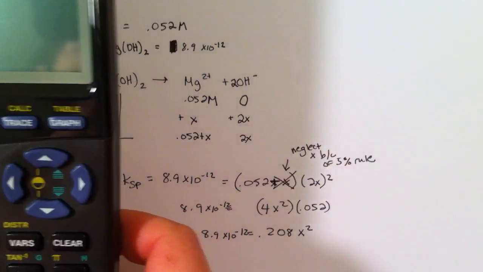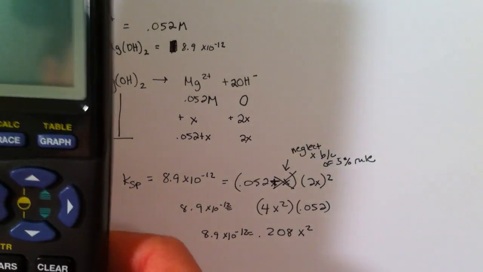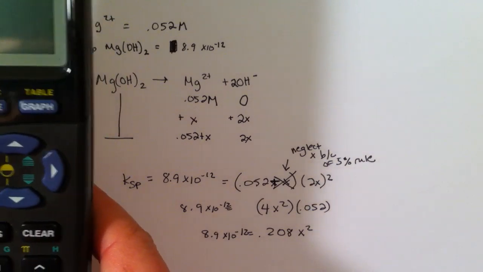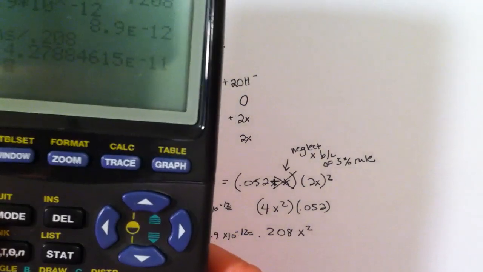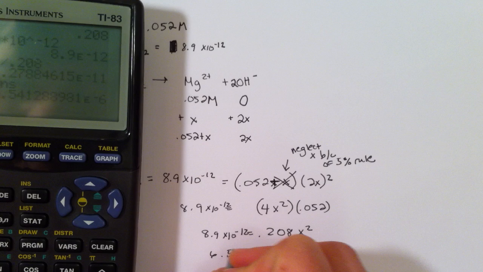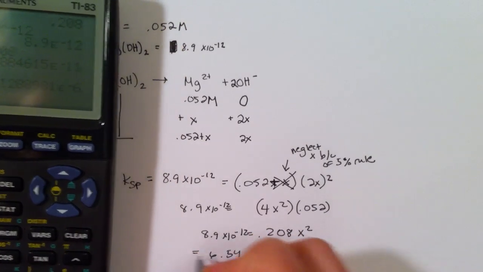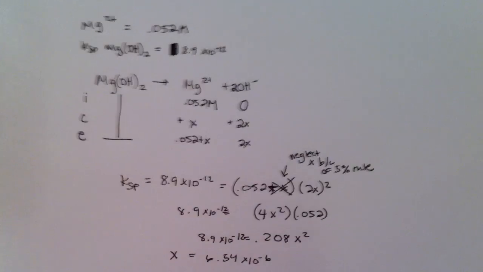And then we take 8.9 times 10 to the negative 12th, and we divide by 0.208, and then we take the square root, and we get 6.54 times 10 to the negative 6th is x, and x is the molar solubility of magnesium hydroxide.